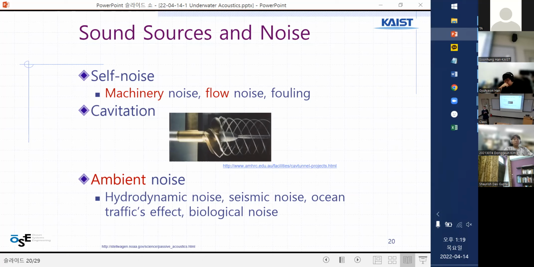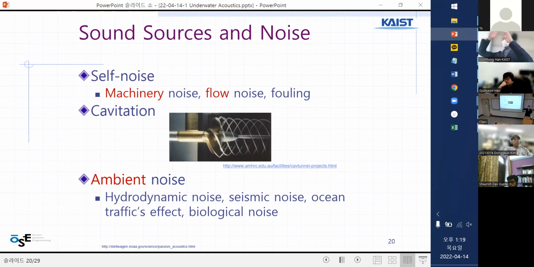In some place of the propeller, the speed of the water or rotation is higher than in other places, then it can create bubbles. Sometimes, not always. The creation is okay. Creation makes no big sound, but the collapsing of a bubble can create a big sound. That is the main reason for the cavitation problem.